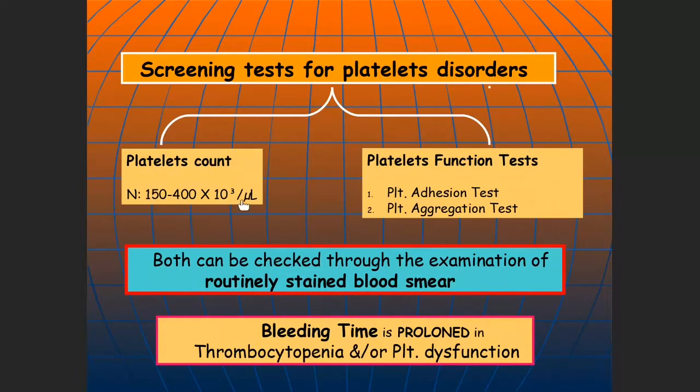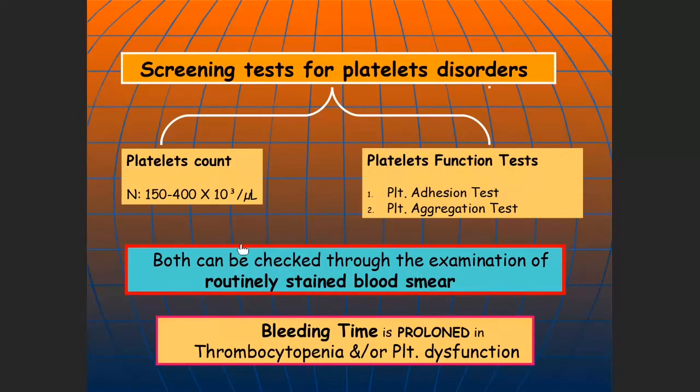This is the normal range of platelet count, 150,000 to 450,000 per cubic millimeter. By platelet function test, we mean we study platelet adhesion, we study platelet aggregation using a special device known as aggregometer.